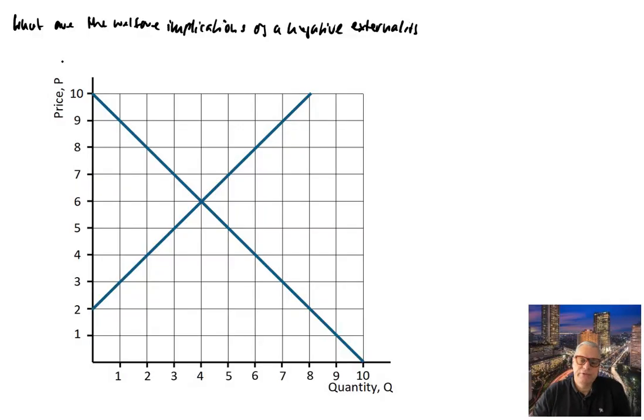Okay, so here we see still our demand and supply analysis. So here we have our supply function. But now if it comes to a negative externality, we have to think of it that private production has an additional social cost.